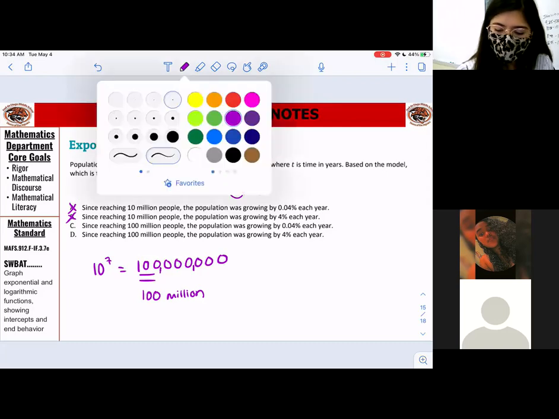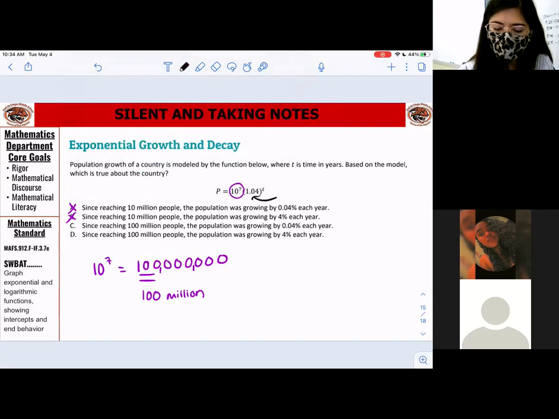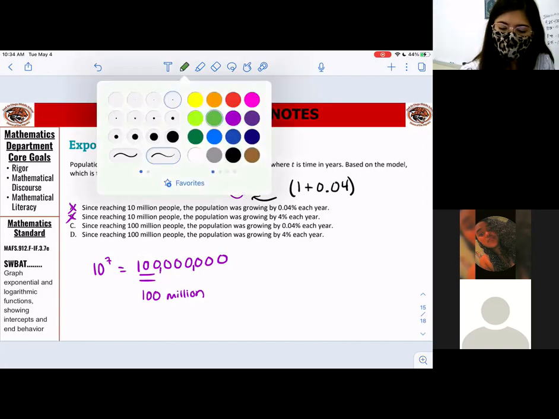So we know that 1.04 is technically 1 plus 0.04. You got to go backwards. Okay, 1 plus 0.04. So then the 0.04, that's a decimal.